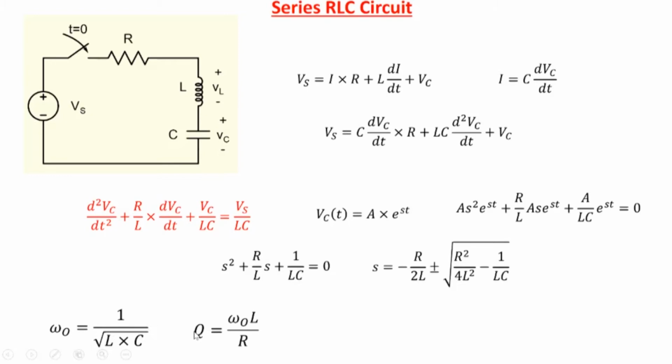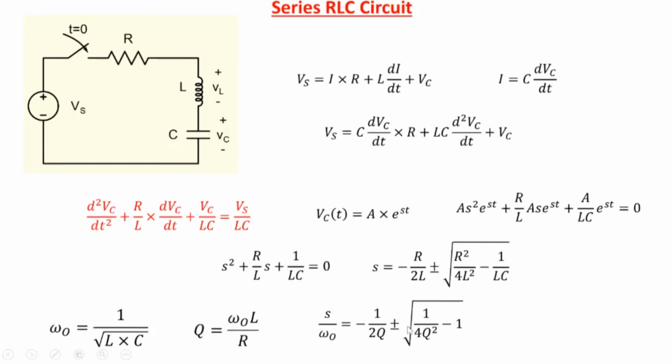In terms of omega naught and Q, we can write s as follows: s by omega naught equals minus 1 over 2Q plus minus square root of 1 over 4Q square minus 1. So in this general form, this circuit is characterized by two exponentials, and the time constants of the exponentials are determined by this equation.